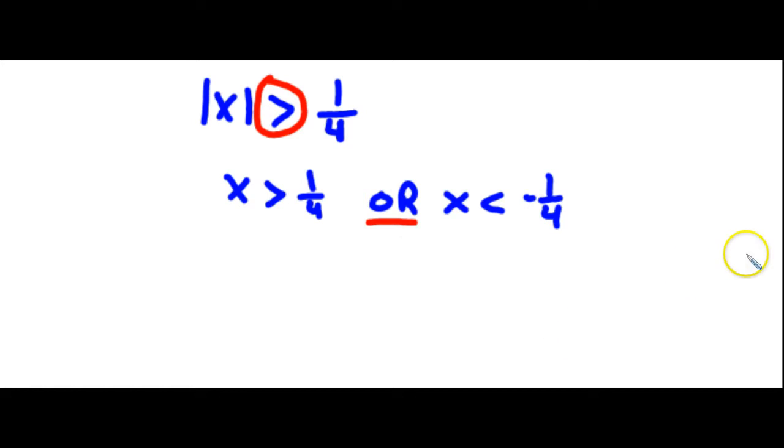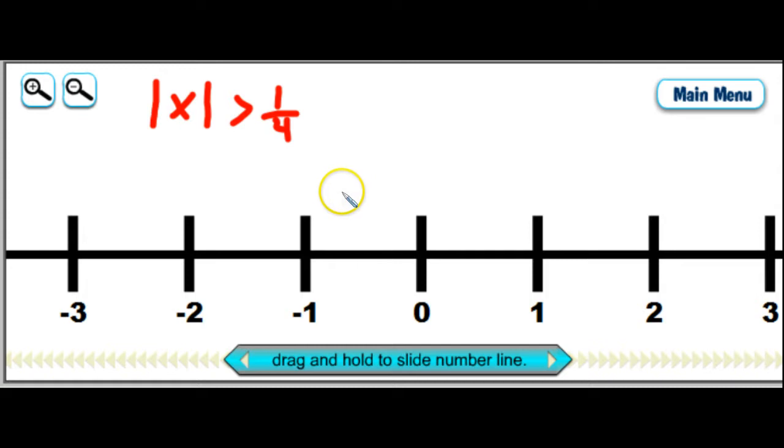And the graph of that looks like this. If we know the absolute value of x is greater than 1/4, that means the distance away from 0 has to be more than 1/4.